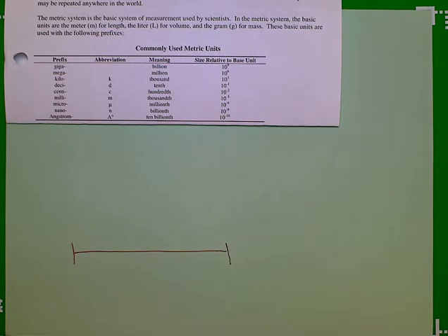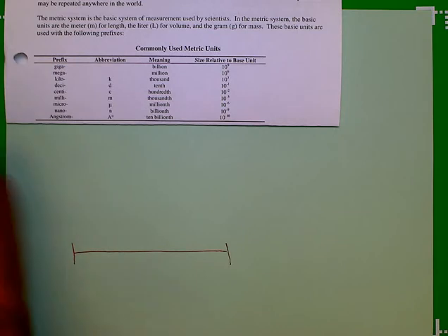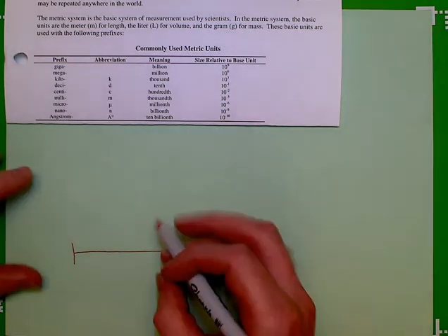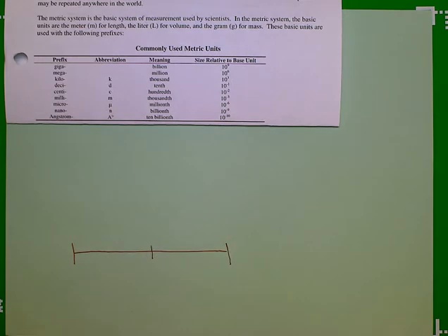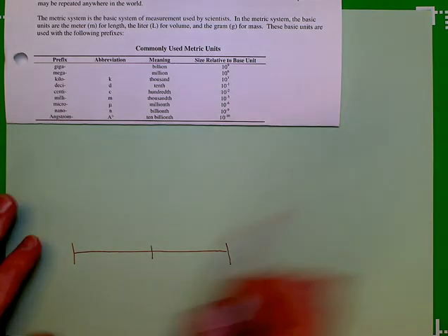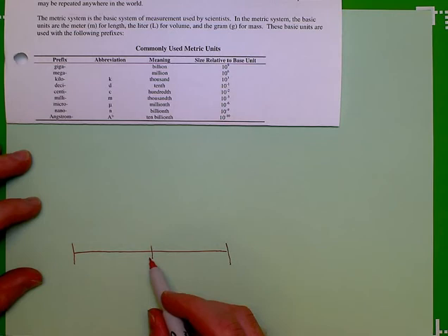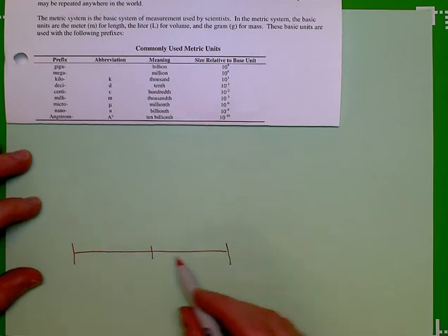We're going to list all of these different units in order of their size. Draw a line in the middle. Here's going to be our large end, or greater than 1, and here's going to be our small end, less than 1 sizes.